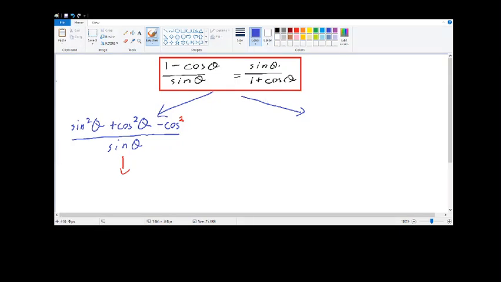So in this case, on the left, we'll have 1 minus cosine times 1 plus cosine. And on the right, we're going to have the sine times sine.